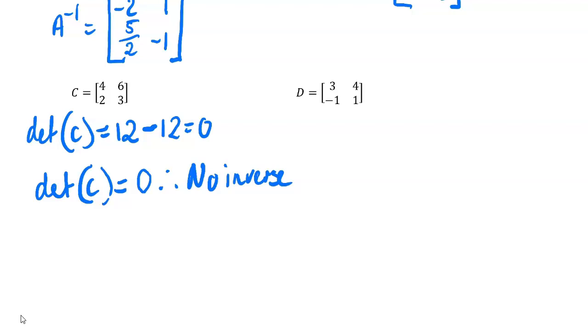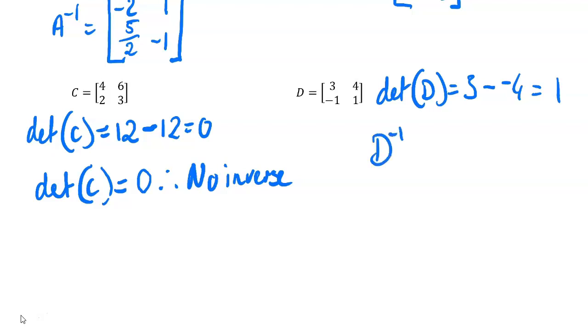Okay, so let's look at D. The determinant of D is equal to 3 times 1, which is 3. Take away 4 times -1, which is -4. So that's 3 plus 4. So that's 1. Okay, so it's not equal to 0, therefore we can find an inverse. The inverse of D is equal to 1 on 1.